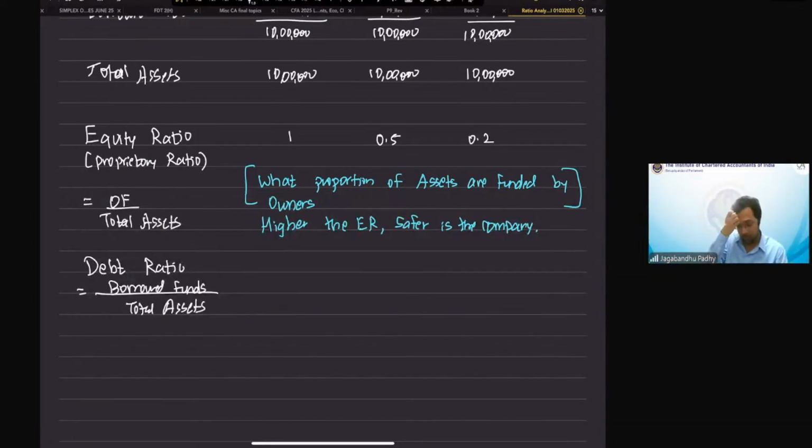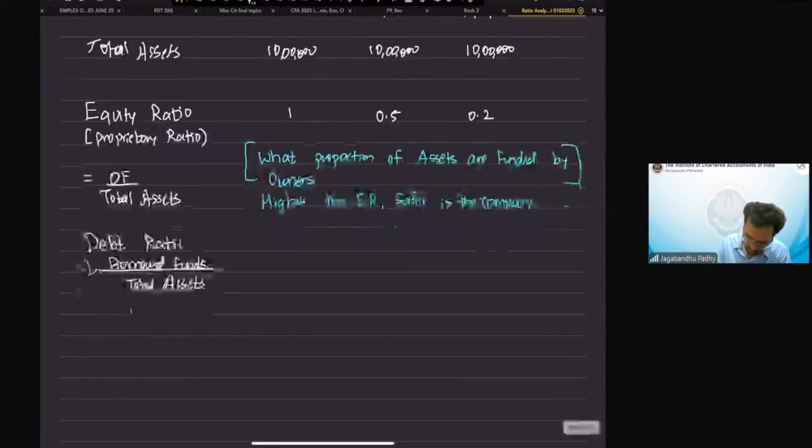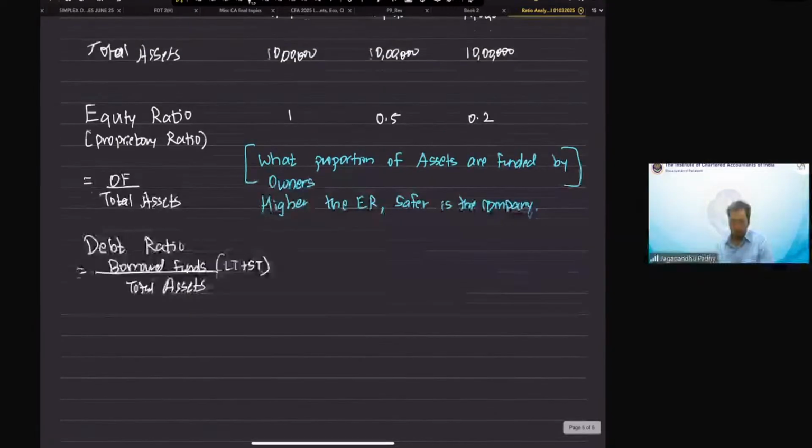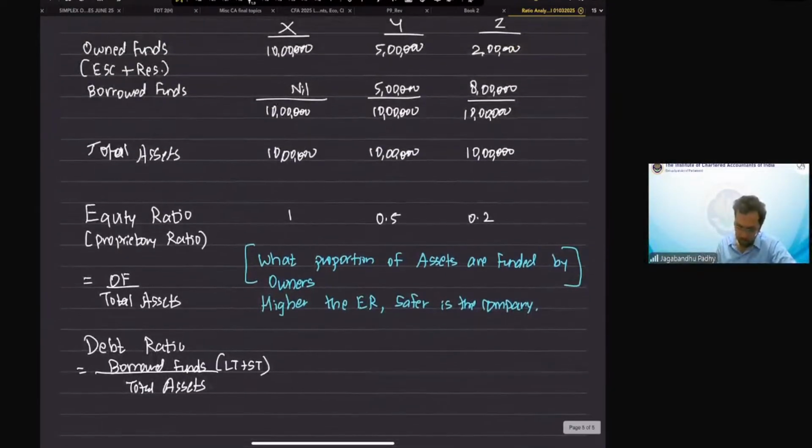When we say borrowed funds, remember, borrowed funds will include both long-term and short-term debt. So in our example, the debt ratio is 0, 0.5 and 0.8.